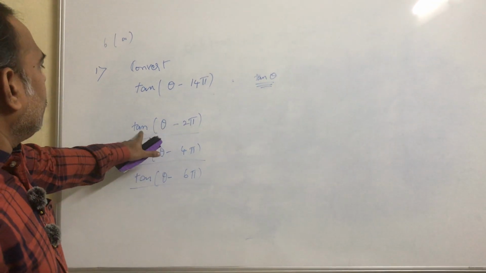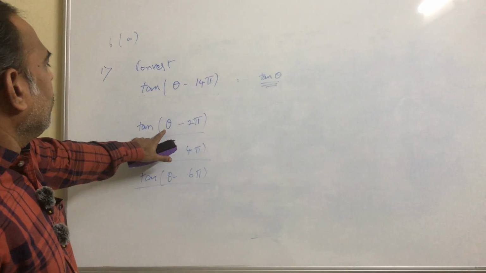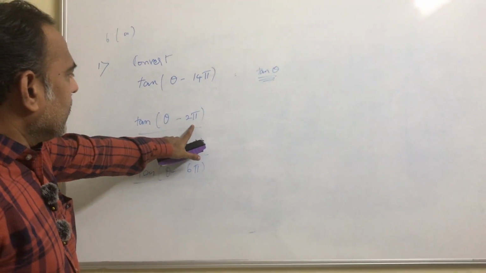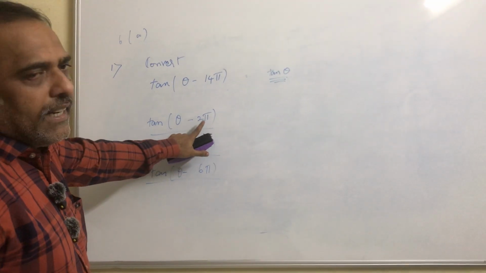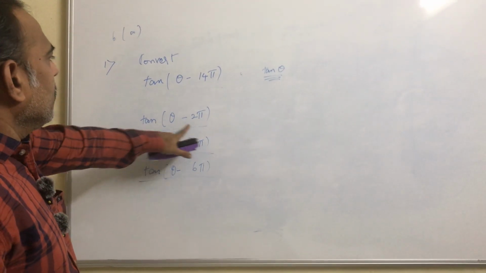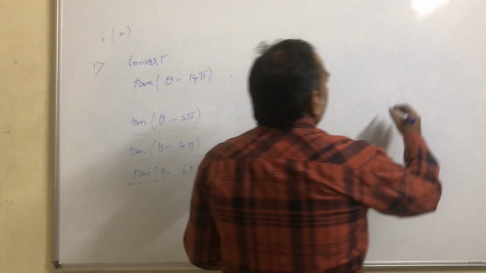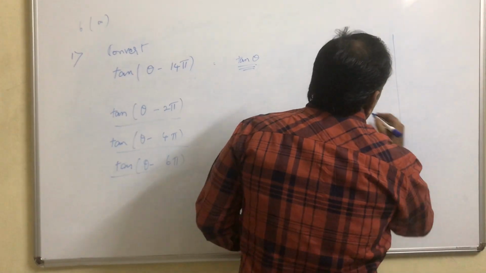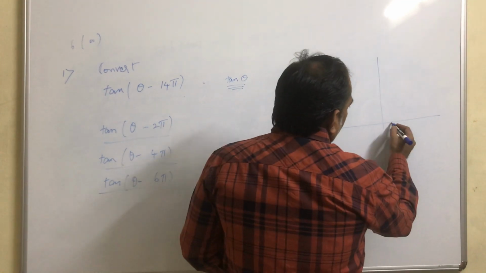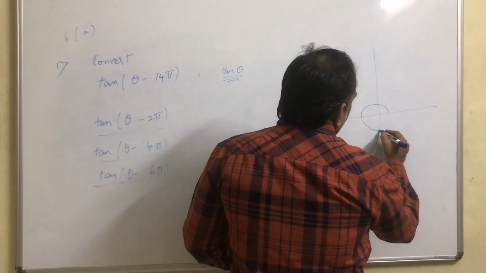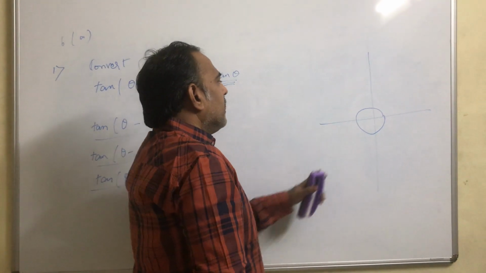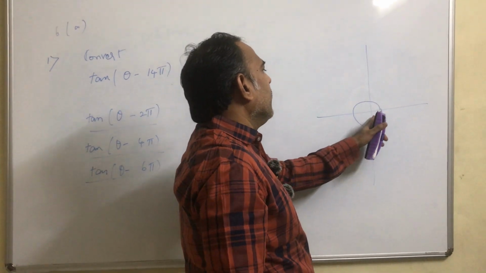This is in the form of tan a minus b, right? If it is tan a minus b, the formula is tan a minus tan b by 1 plus tan a tan b. If you want to apply, we can apply. Otherwise, what we have to do is take the coordinate system. 2 pi means if we make one rotation, we make an angle of 2 pi.